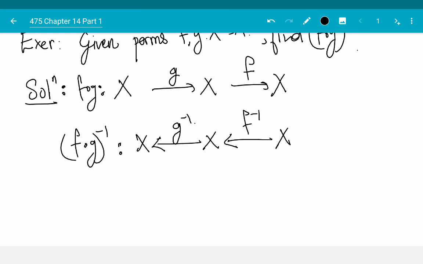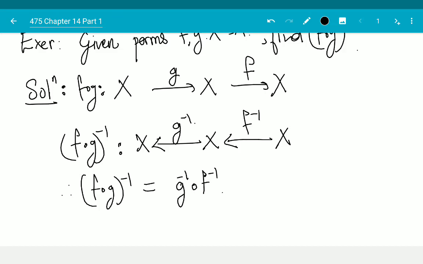Well, if the directions are being reversed, this map becomes g inverse composed f inverse, right? Therefore, f of g inverse is equal to, well, what is the first thing that is happening? First, I'm doing f inverse to x, and then I'm doing g inverse. So this map is g inverse composed f inverse.